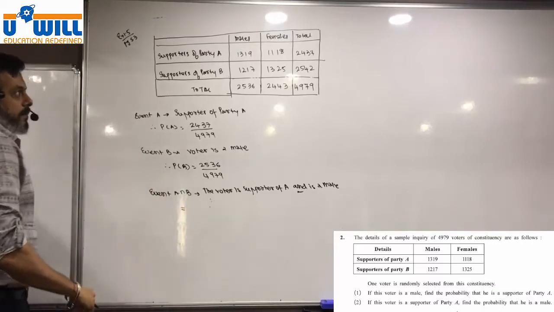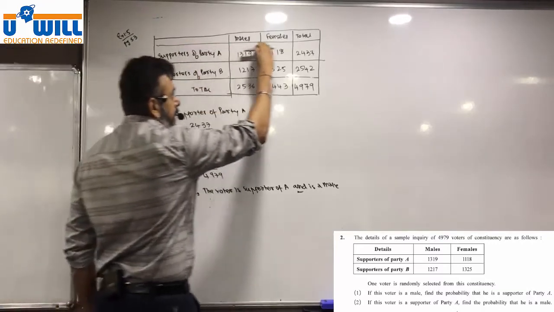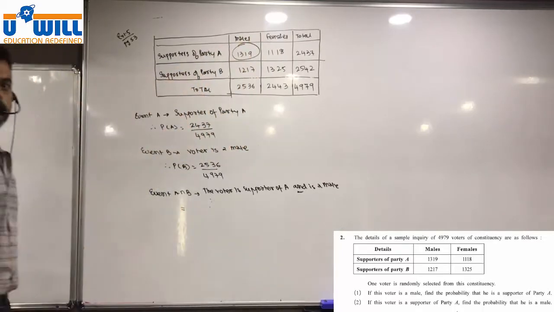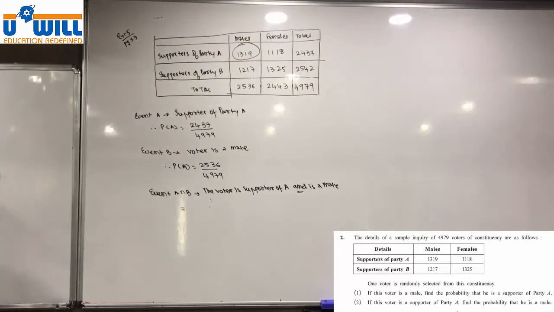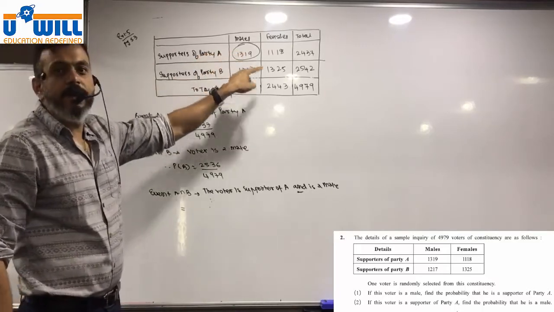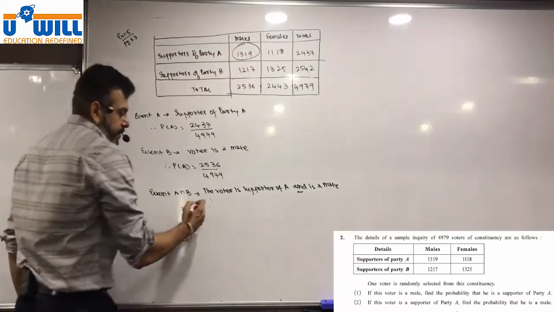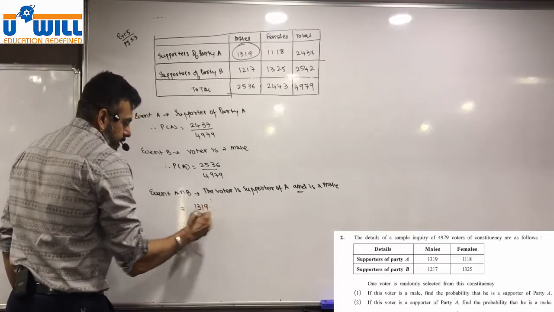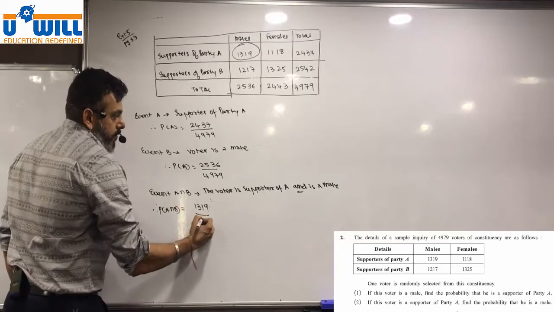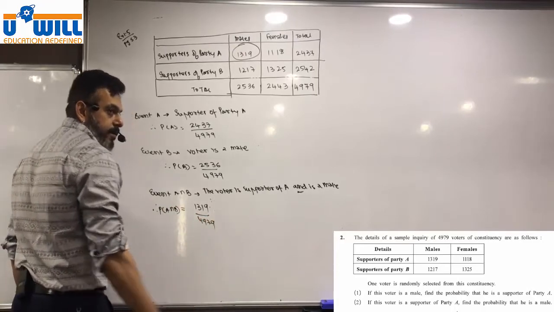So what is common? Supporter of party A and male. How many such males are there who are supporting party A? 1319 upon 4979.